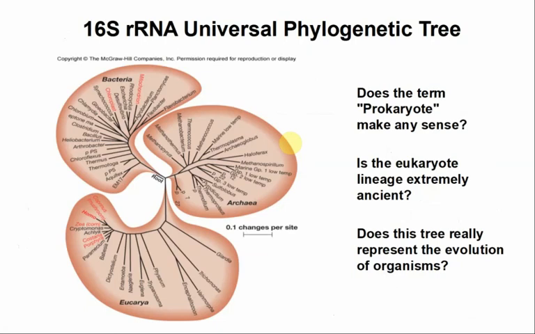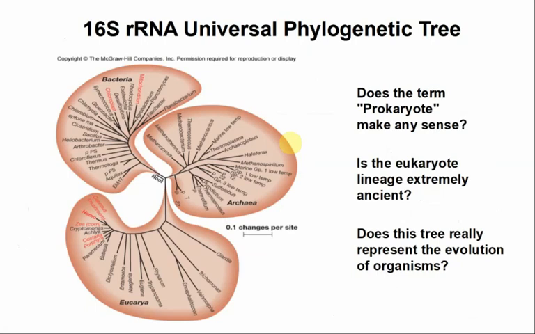That's a big change, and it really calls into question whether prokaryote has any meaning. Well, personally, I think prokaryote does have a meaning, and most microbiologists think that way too, because these are very simple cells that live in the same kind of way, and their biology is similar enough for the group prokaryotes to make sense.